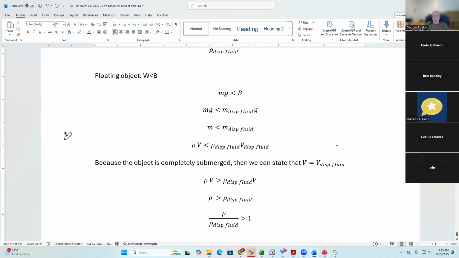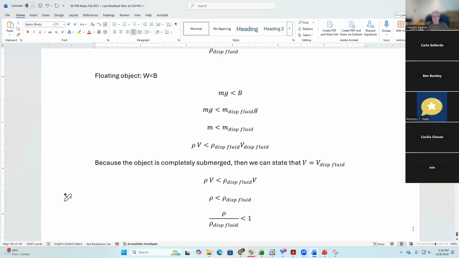But because the object is completely submerged, its volume coincides with the volume of the displaced fluid. This volume is the same as this volume, so it cancels out. And look what happens. For an object to float, its density must be smaller than the density of the fluid.